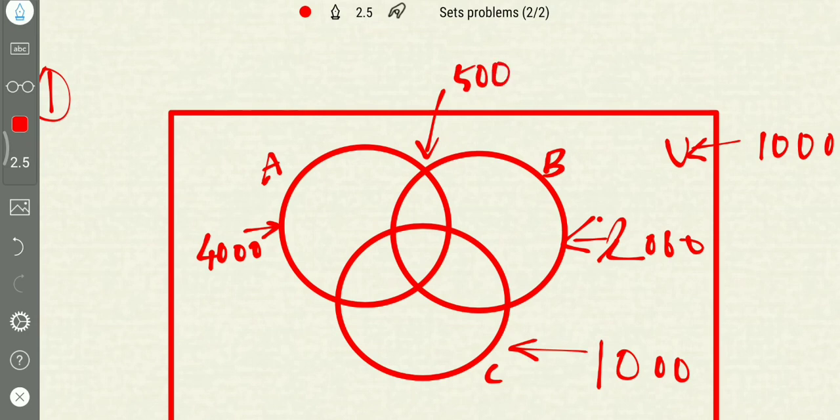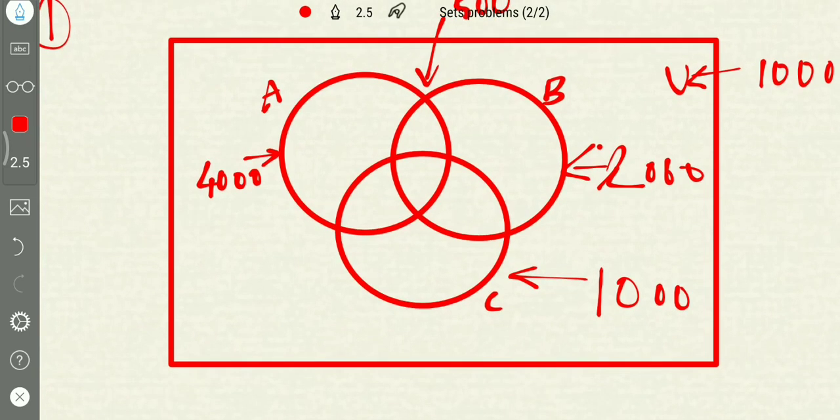And 3% opt for communication and computers, which means this part is 300, and 4% opt for electronics and computers, A and C. This is 400. 2% opt for all the three.